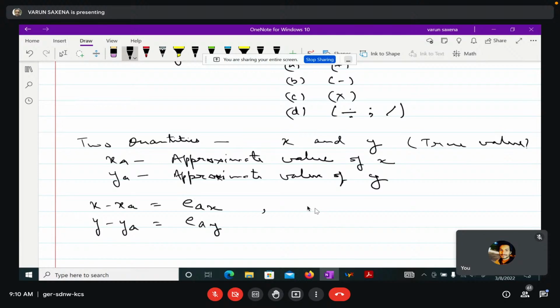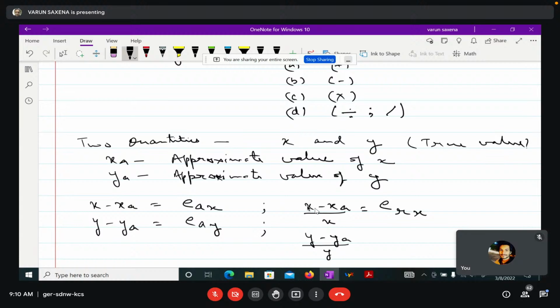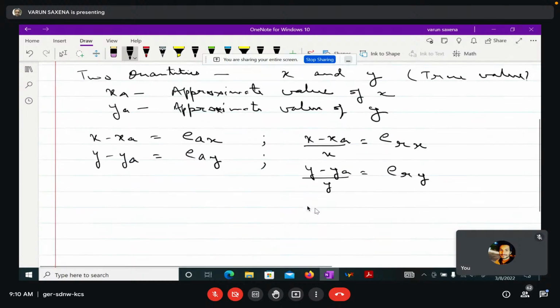Then we also can define (x minus xa) divided by x, and let's call it the relative error in x, subscript rx, and similarly let's say (y minus ya) over y is the relative error in y. Okay, I think this is understandable.